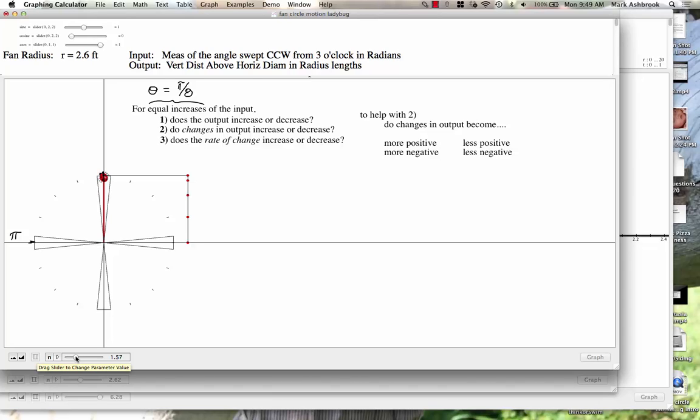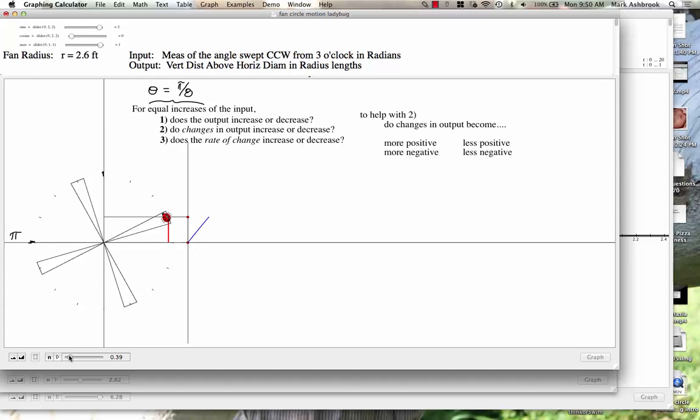So is our graph going to be concave up or concave down? Someone said down. Agree with that? So when the angle is 0, what is the vertical distance above the horizontal diameter? 0. When we make that first eighth the change of an angle, the vertical distance goes up.